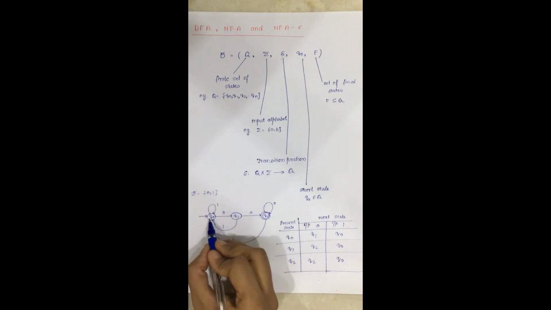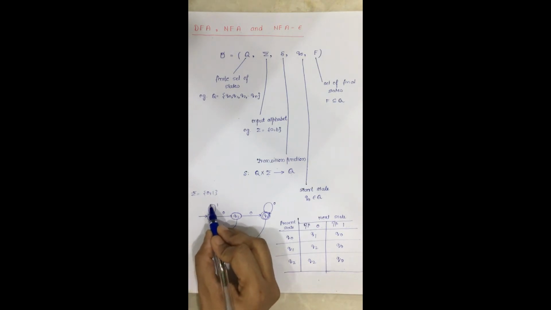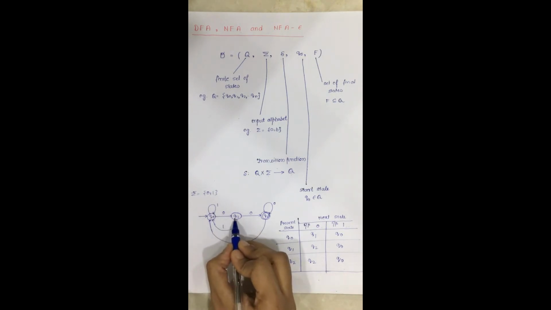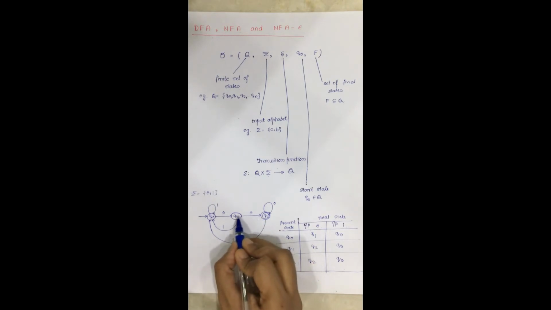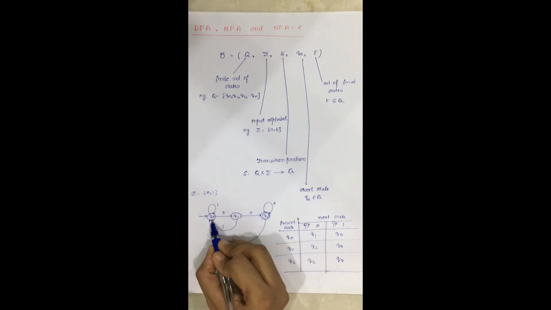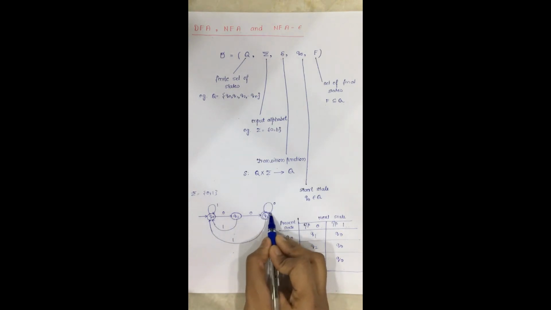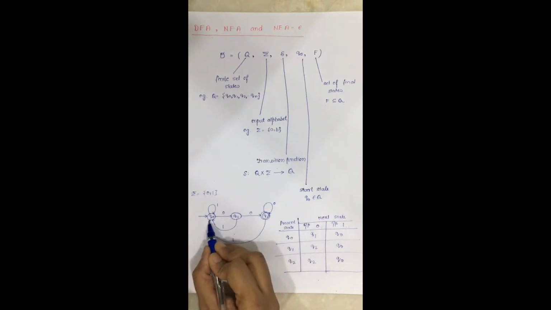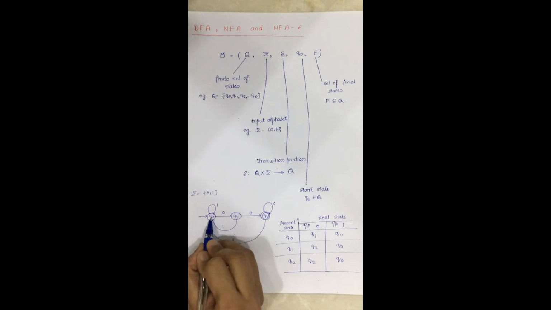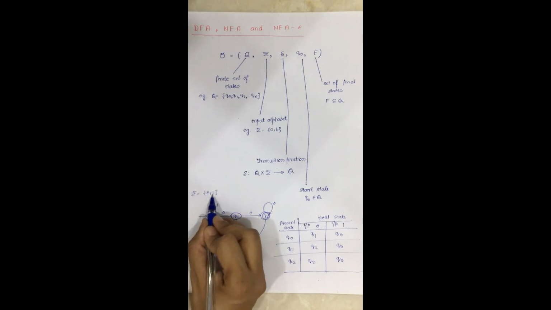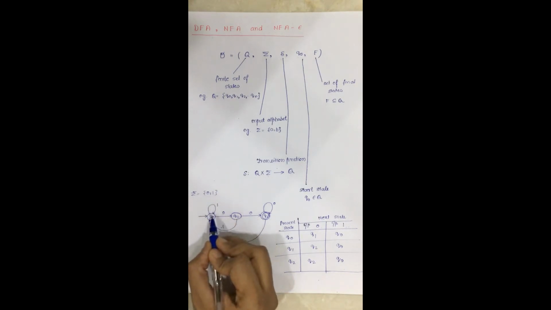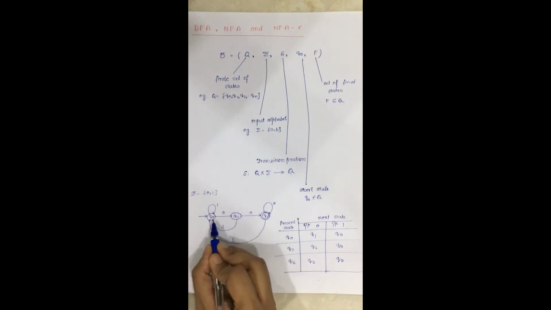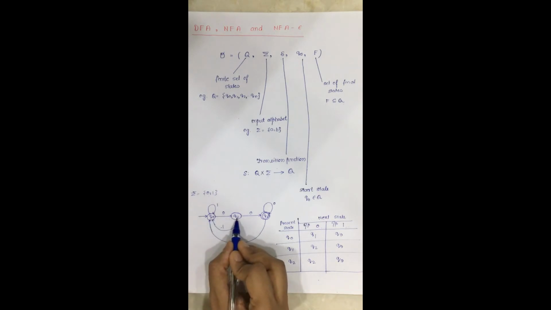Here we check that at Q0 we have an outgoing transition for 0 as well as for 1. The same holds at Q1, and at Q2 we have outgoing transitions for 0 and 1. Again, in a DFA, for a particular state there should be an outgoing transition for all symbols in the alphabet, and from a particular state for a particular input symbol there should be only one transition.